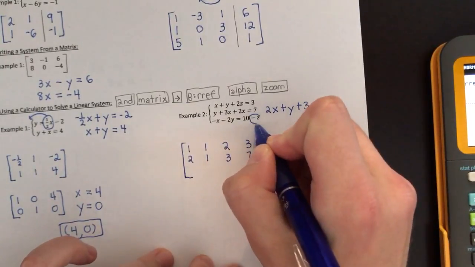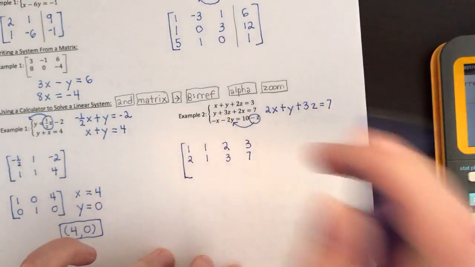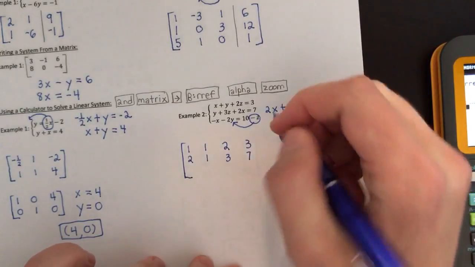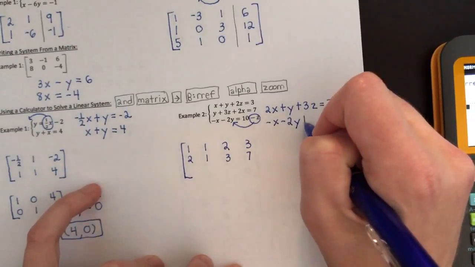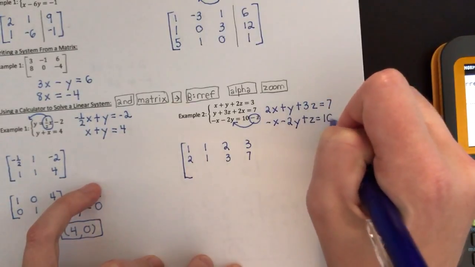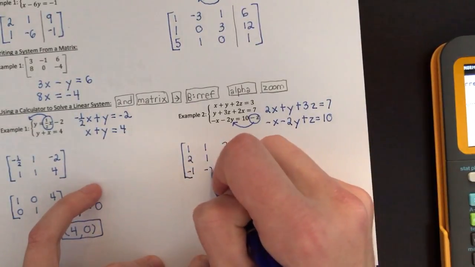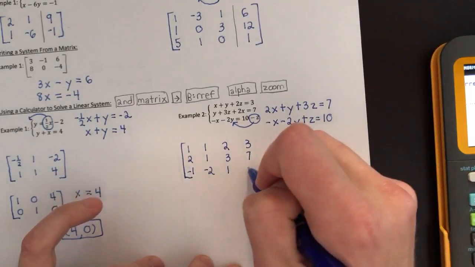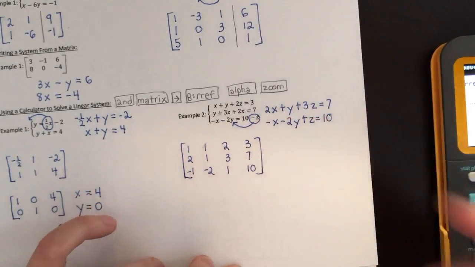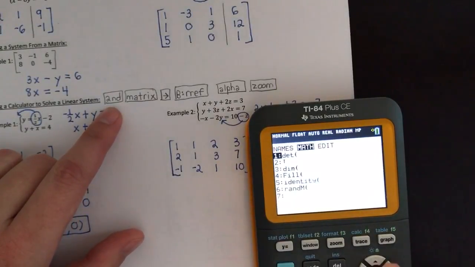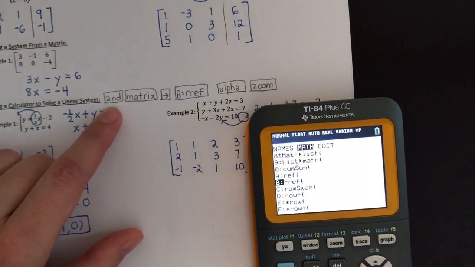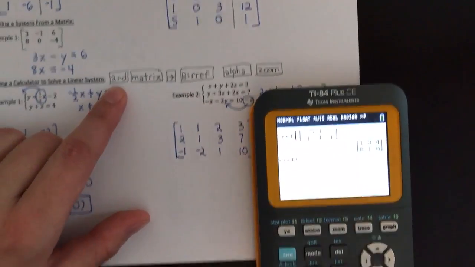Here I have an issue: negative z needs to move across the equal sign, so that will change sign. So negative x minus 2y plus z equals 10. So -1, -2, 1, 10. Remember, same steps: second matrix, arrow to the right for math, up to B, hit enter.